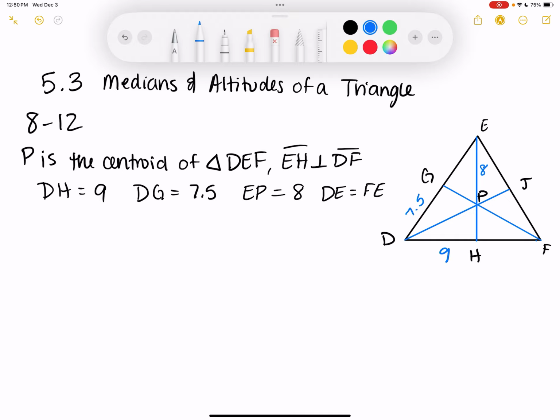Okay, so that's all given information that they've given us. And then they're wanting us to find different values from this.